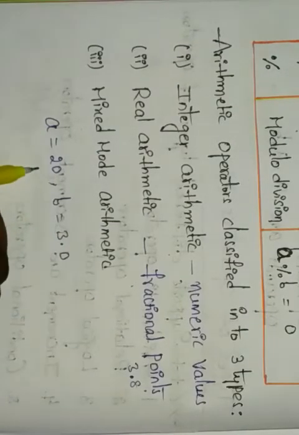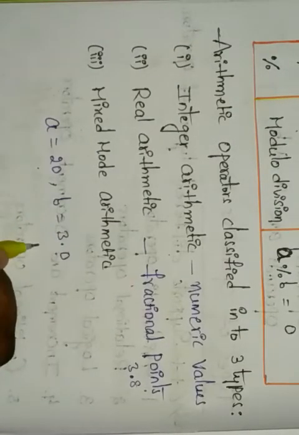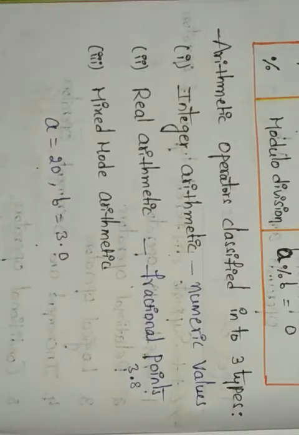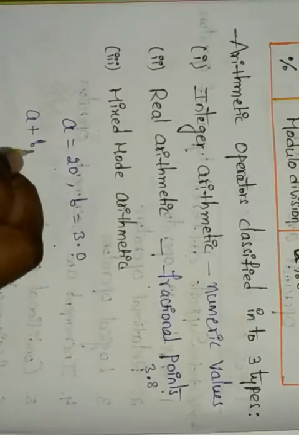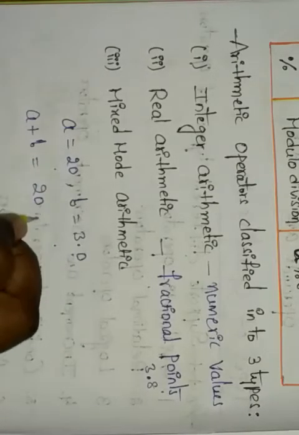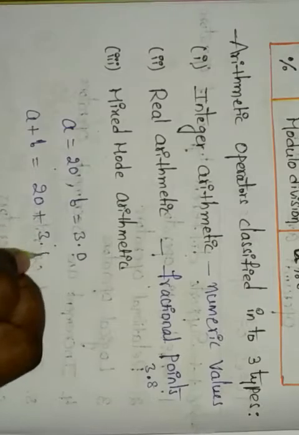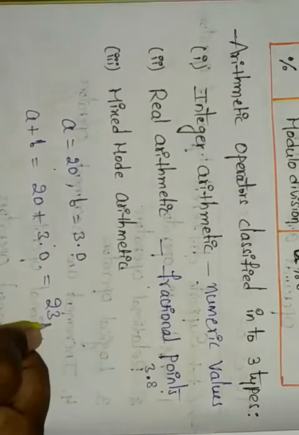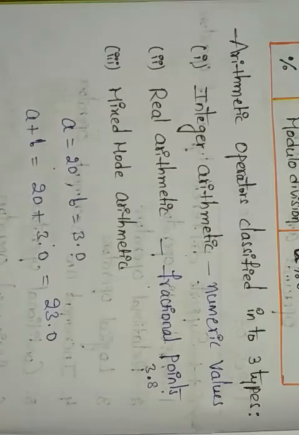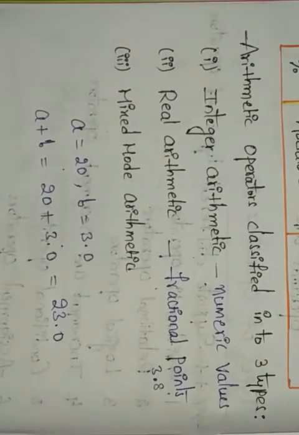This is our integer and this is our real, with a fractional point. If you perform the addition, A plus 3.0, it will give the result 23.0.